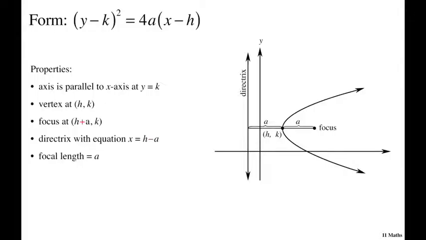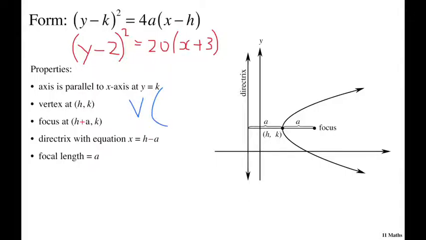Now, be really careful. If I actually had something like y minus 2 in brackets squared equals 20 x plus 3, what would the vertex be? Well, the vertex comes from the brackets, but it would come from the x bracket first, not the y bracket.